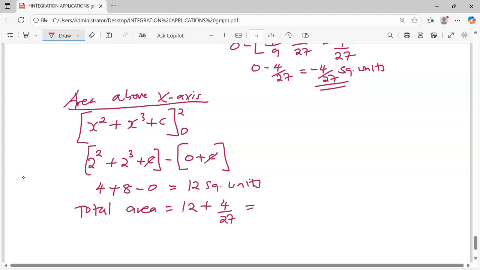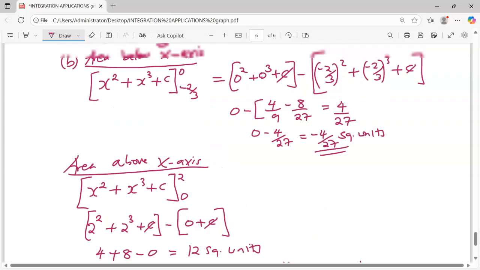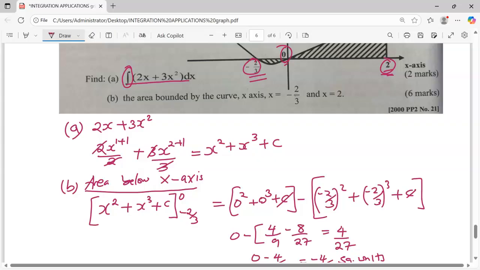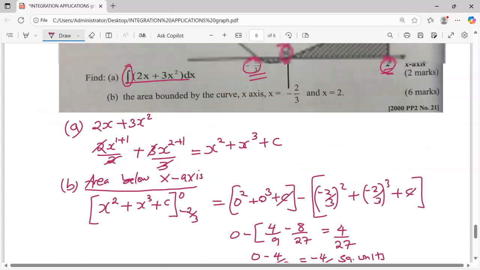Remember, we are not going to include the negative sign because the negative sign only denotes that the area is below the x-axis. And if you take 12 plus 4 over 27, this is going to be 12 4 out of 27 square units as the area of the region within the curve, and that is the region bounded by the curve between x is equal to -2/3 and x is equal to 2.